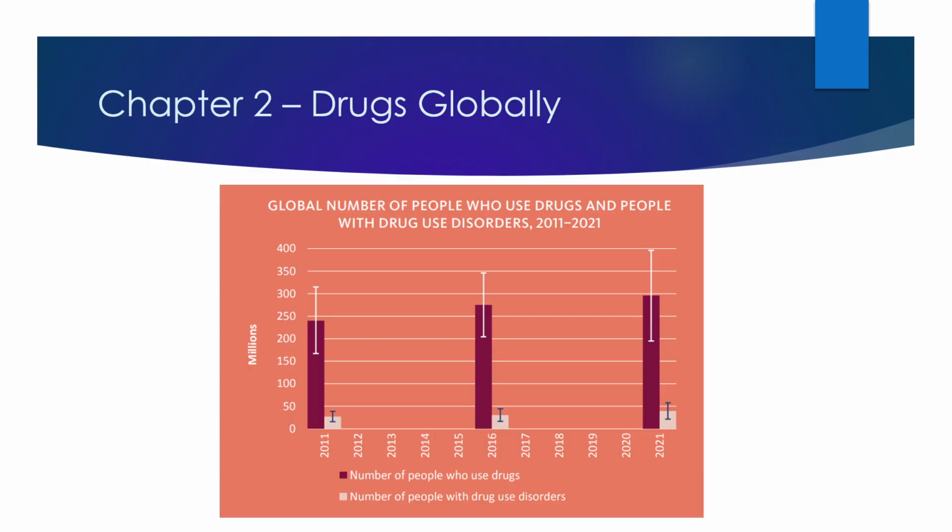I'm not good with colors, but would that be like a magenta or something? That color represents the number of people using drugs, and then the white bar is the people with drug disorders.